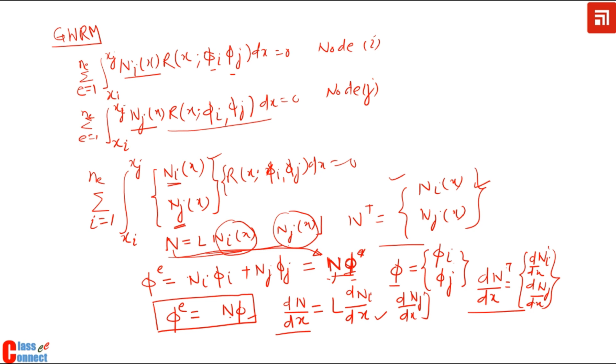That is why we have introduced some terms before applying the Galerkin weighted residual method to any field problem. So now we can move to the application of this weighted residual method using Galerkin formulation for an FEM problem. So we'll introduce the problem first, and then we'll apply this Galerkin weighted residual method to solve it.